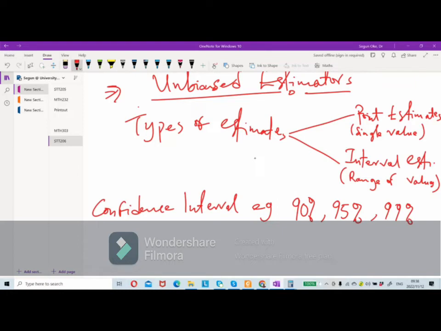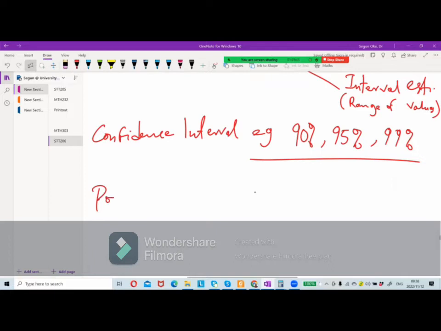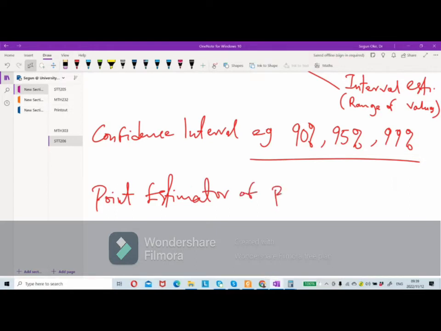For the point estimates, they are part of the population. They said point estimator of population mean. You remember when you have a population mean, sample mean, for the point estimator of population mean, they said is a point estimate of population mean, that is mu.